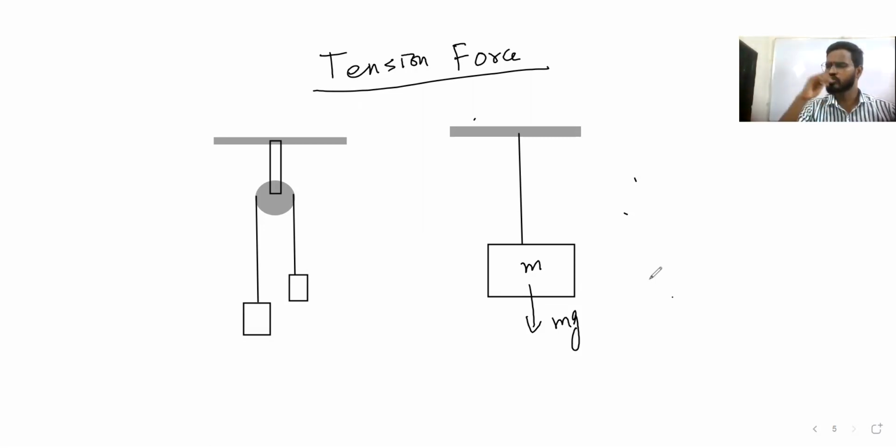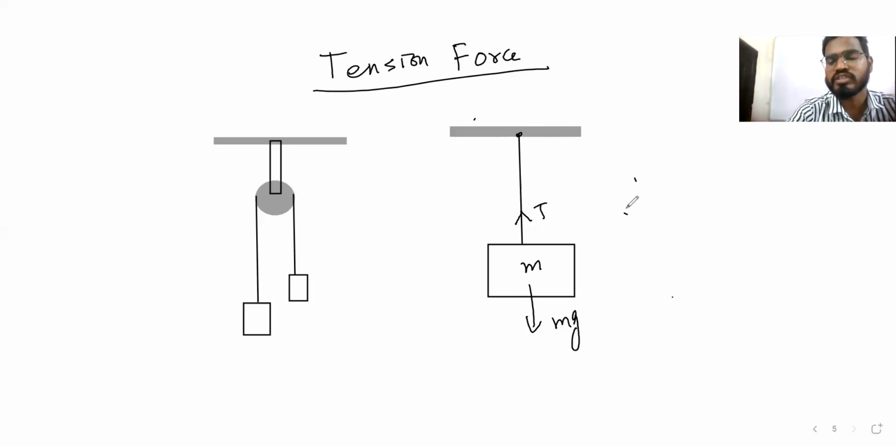So tension force is always acting away from the object. Fine. So we can say this is going to be tension force. Now here also there is a contact again. These all forces are contact force. So whenever there is a contact, there will be a tension force. So here is also a contact. So at what point particularly you want to find the tension force, particularly that point, away from that point.